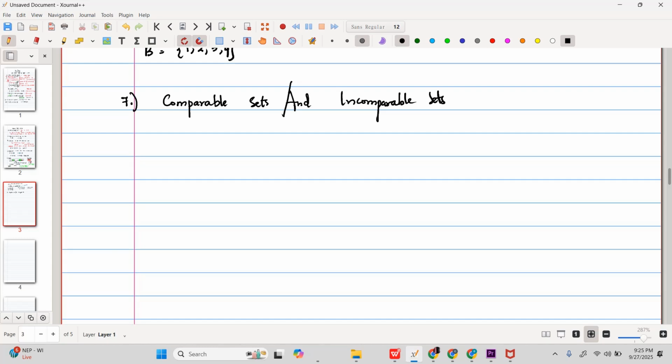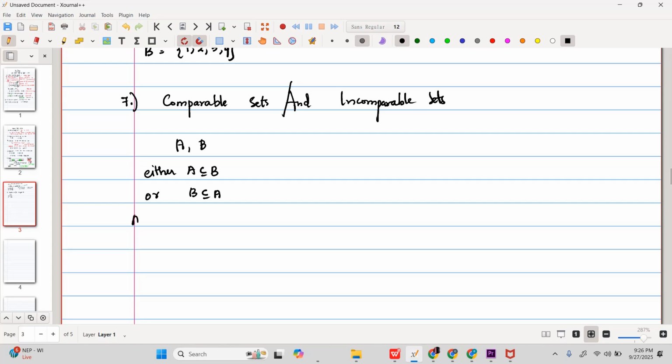Comparable sets means if we can compare them, like if there are two sets A and B, and we can say that either A is a subset of B or B is a subset of A, any of them follows, then we can say that A and B are comparable sets.